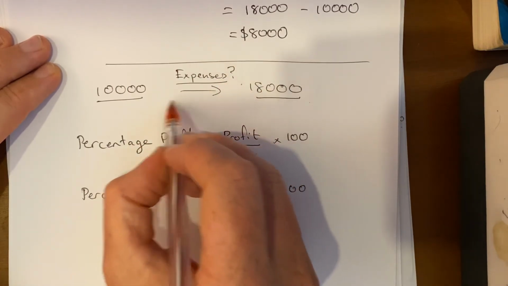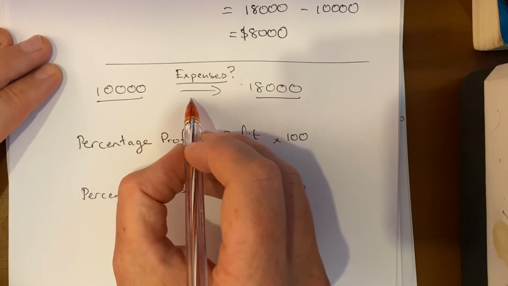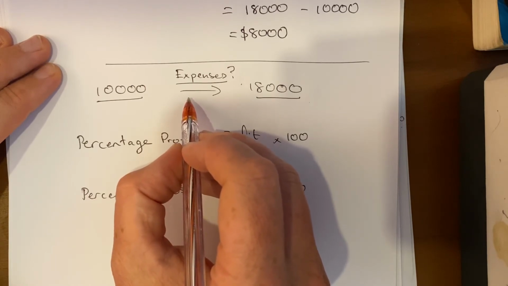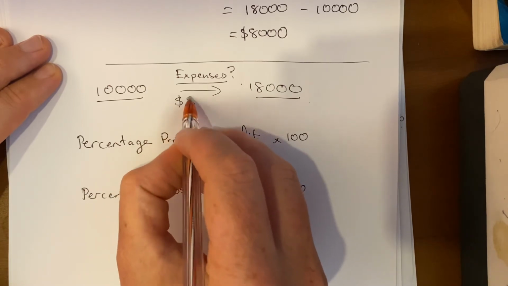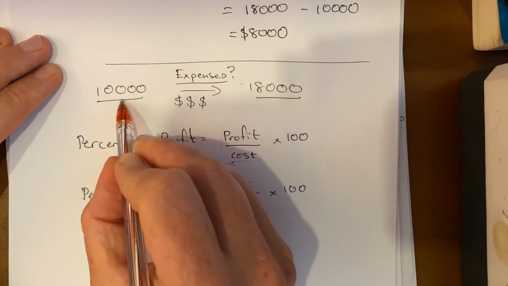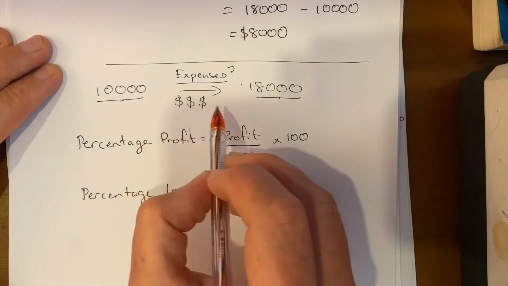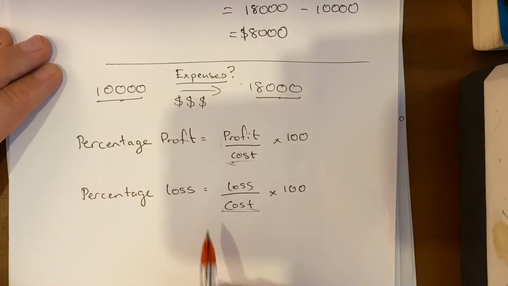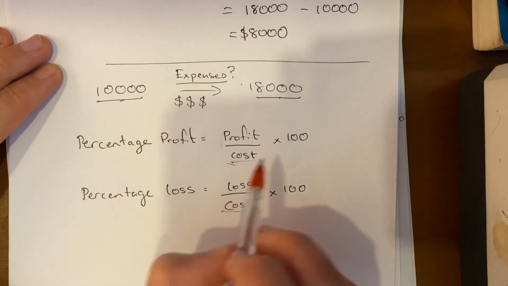Maybe the showroom cost money, cleaning cost money, paying his wages cost money. So there's some costs in between his cost price for buying the car off the manufacturer and his selling price. So sometimes percentages are worked off the selling price and not the cost price. But for the moment, we're just working off the cost price.